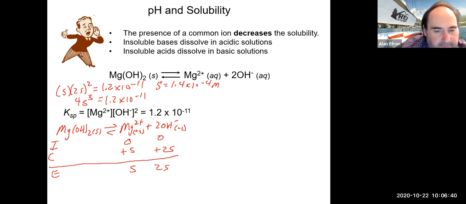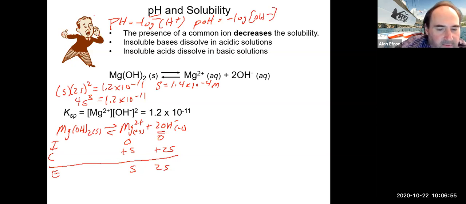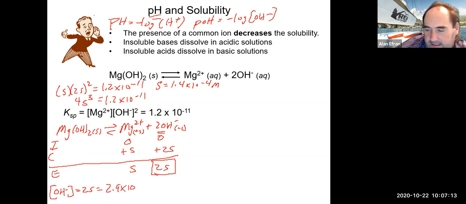Now, when we're talking about pH, obviously the pH is equal to minus the log of the H plus. We also know that pOH is equal to minus the log of the OH minus. So here, because we do have hydroxide, we can substitute our S into here and get the equilibrium concentration of hydroxide, which would be 2 times S. And if you take 2 times S, you will end up with 2.9 times 10 to the minus 4 molar.